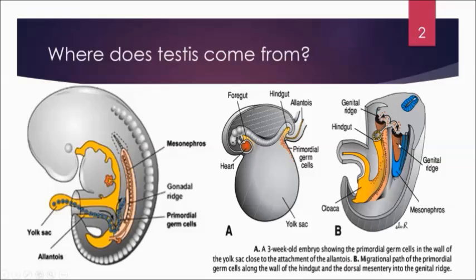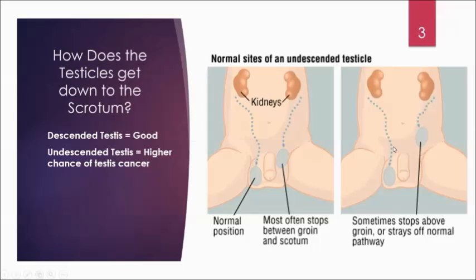Here on the right side, you can see that these genital ridges are on both sides of the body, and that will eventually be the testicles, on both sides. I'm showing you this because I want to explain that when the testicles form very early in life, they form in the belly, and then eventually they will descend from somewhere next to the kidneys all the way down to the scrotum.